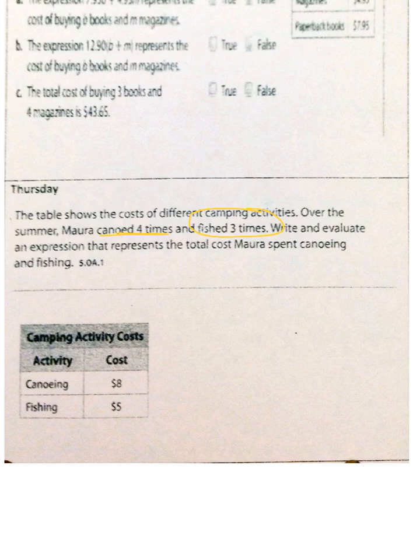All right, so first for the expression, she canoed 4 times and the cost of canoeing is $8. So we have 4 times 8. And then we're going to add that to the cost for fishing.